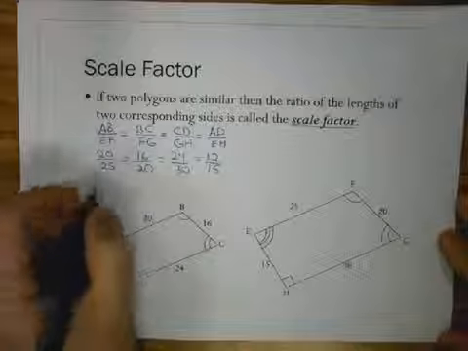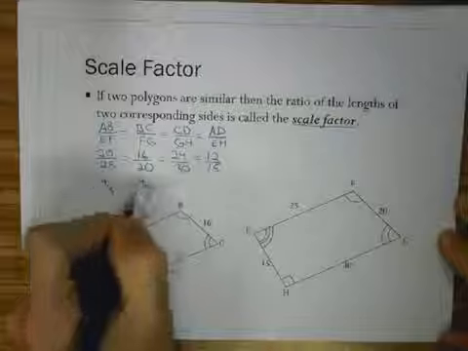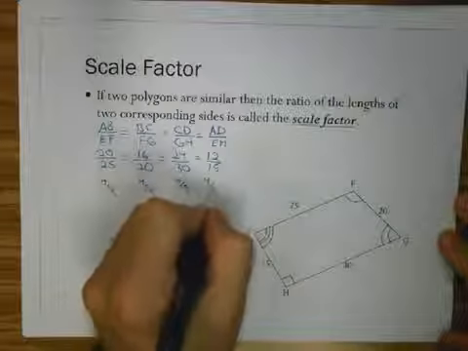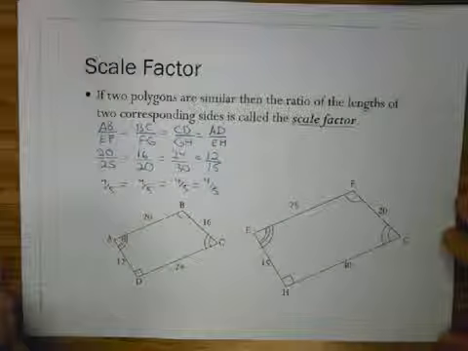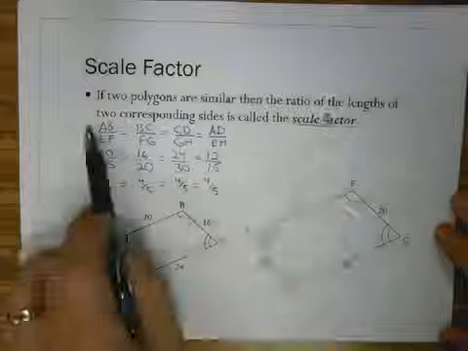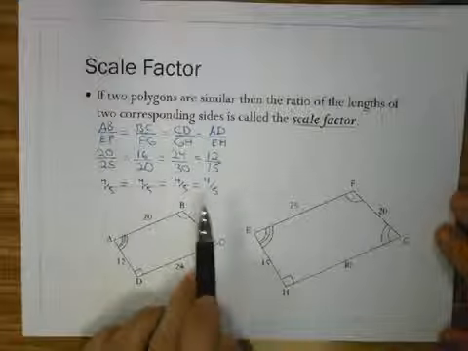What do you notice about all these fractions? If you don't see it, can you reduce them all? Well, 20 over 25 is 4/5. 16 over 20, 4/5. 24 over 30, 4/5. 12 over 15, 4/5. This is not a coincidence that they all reduce to the same thing.